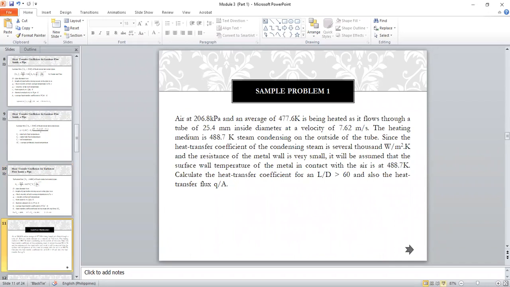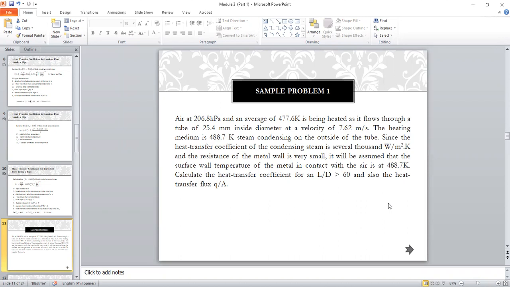Okay, so we will discuss now the sample problem, which I have read last meeting. And we will write down the different information that we could for this particular problem. You're given here air at 206.8 kilopascal and an average of 477.6 Kelvin, which is being heated as it flows through a tube of 25.4 mm inside diameter at a velocity of 7.62 meters per second. Now, the heating medium here, which is steam, is at 488.7 Kelvin. It's condensing on the outside of the tube.